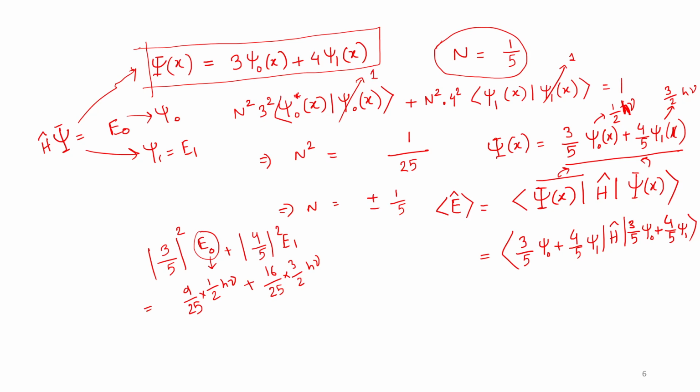And this average value is the average of all these things. Suppose from one measurement you get E0. The second time you do it, you again get E0. Third time again E0. If you do it 1 lakh times, you get N times E0 and M times E1.